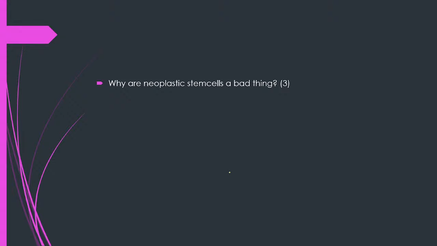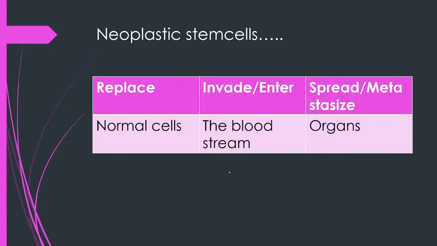And neoplastic stem cells are a bad thing because again they are capable of replacing the stem cells in the bone marrow. They are capable of invading the bloodstream, and therefore they are also capable of metastasizing to different organs. That's the reason why they are bad cells.